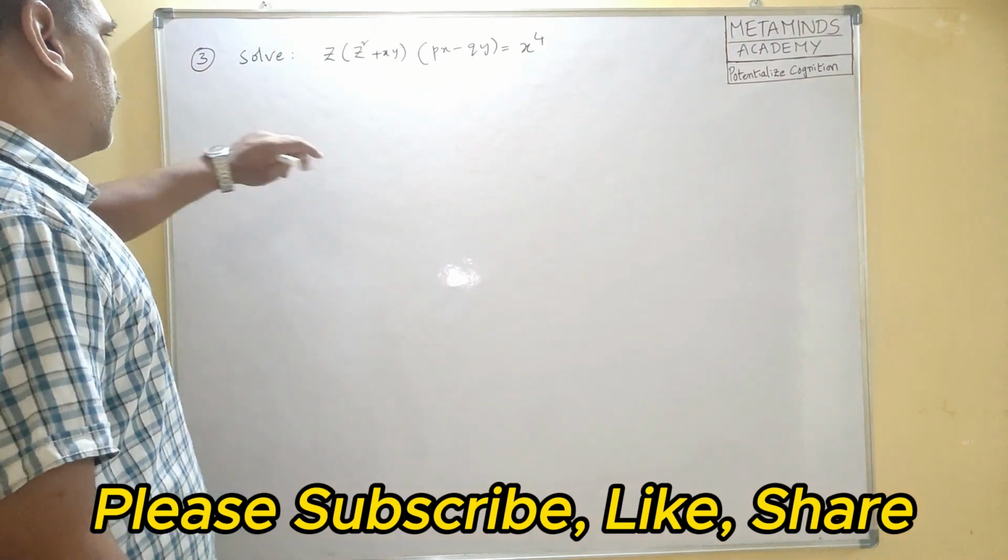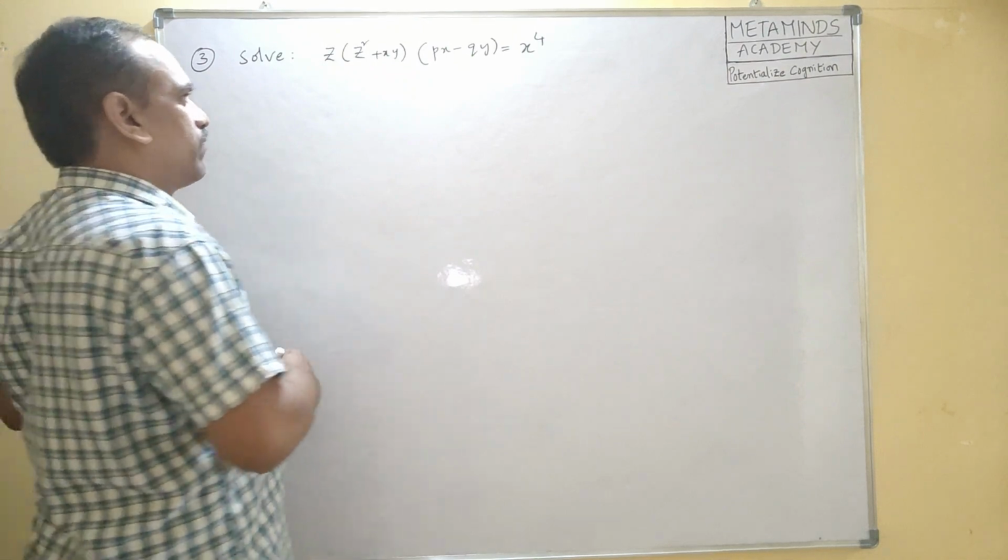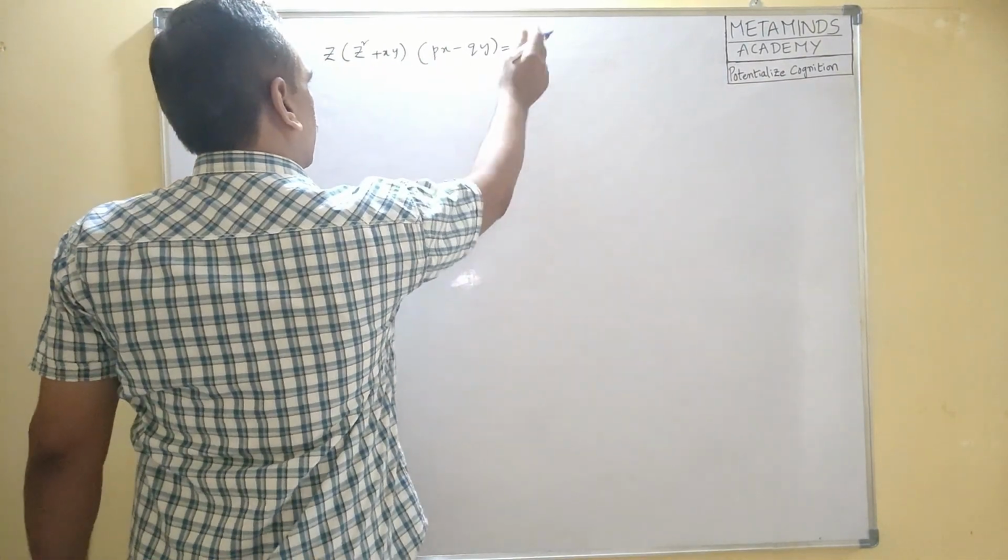Now you take the problem z(z² + xy)px − qy = x⁴.